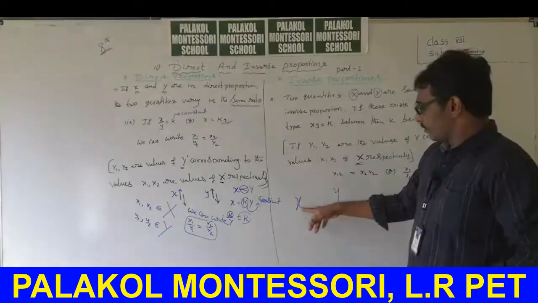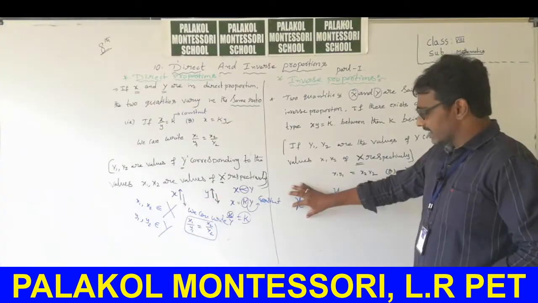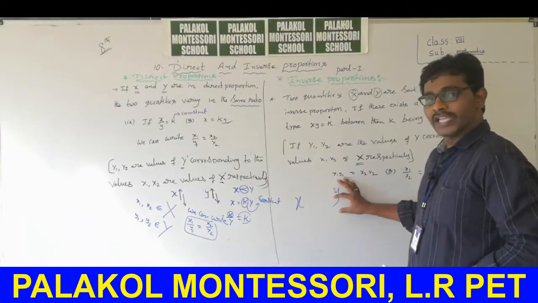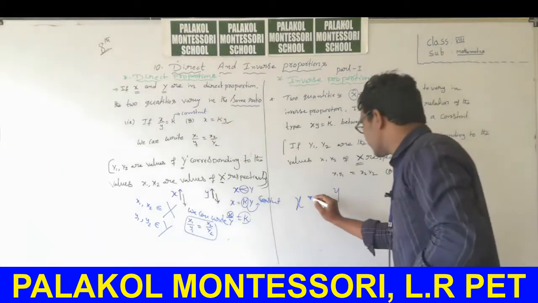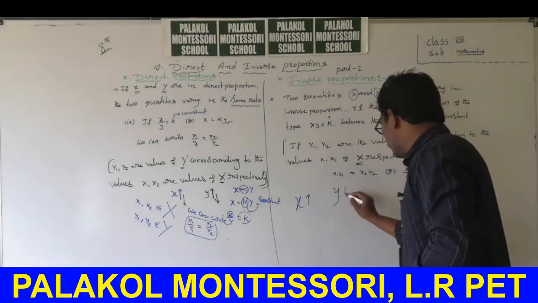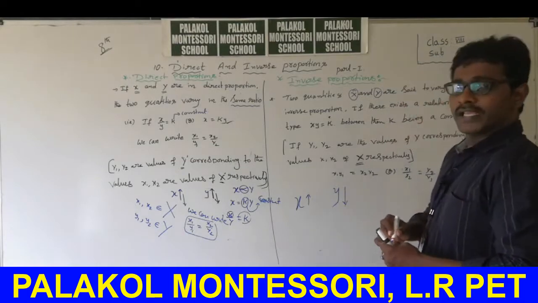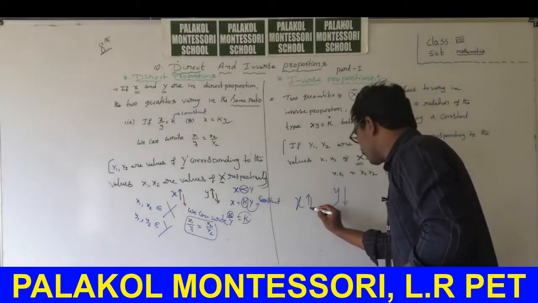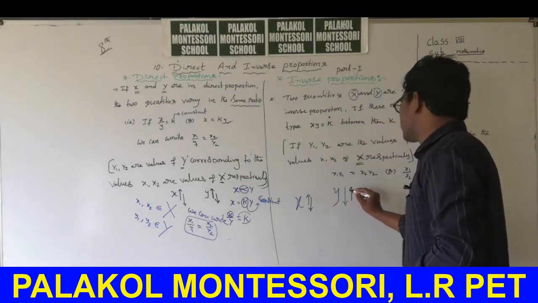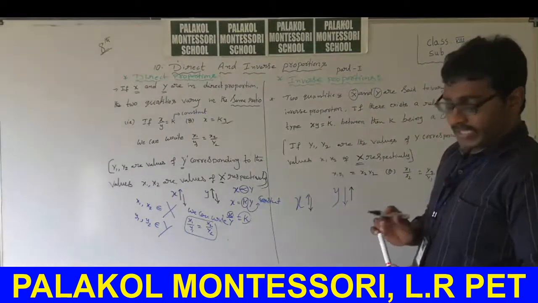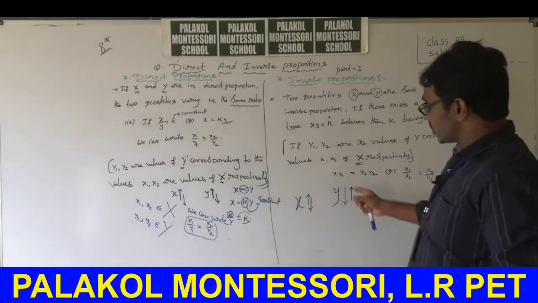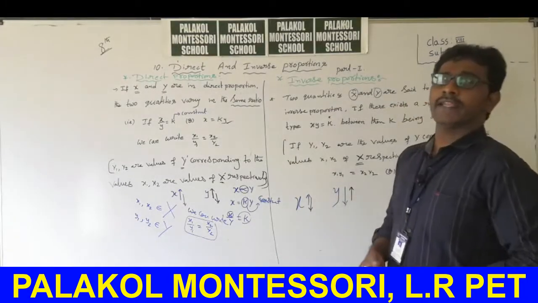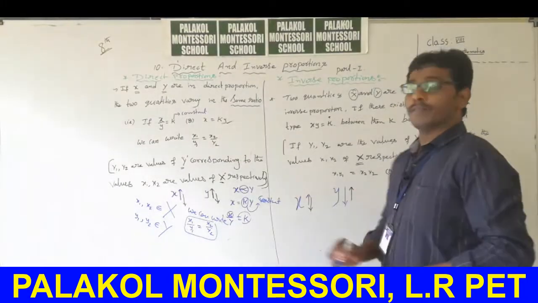So I am taking two quantities, one is x, another one is y. One increases, and at the same time the other decreases. That relation you have to take mathematically as inversely proportional.